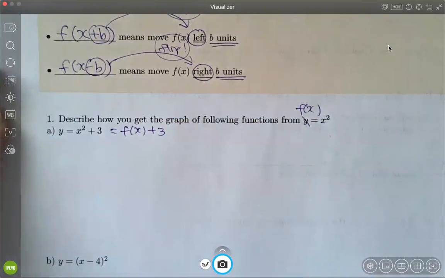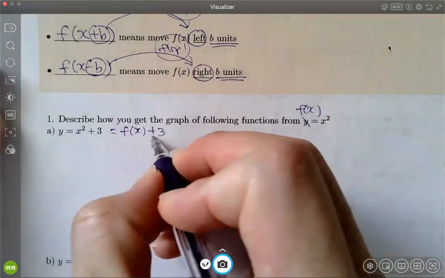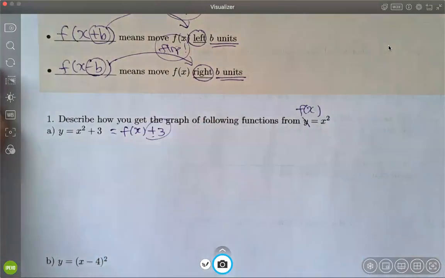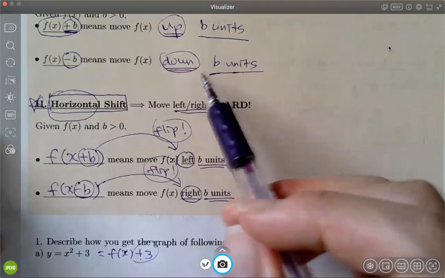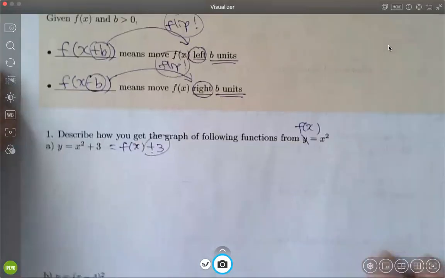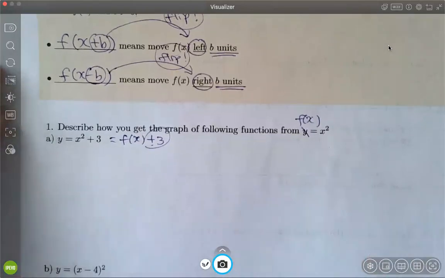Okay, so now we are adding something, and where are we adding? Not within the parentheses, right? In the back, rather. Okay, so whenever we add something in the back, what does that mean? It's the vertical motion, right? Okay, and now since the vertical motion means it's the easy one, so what does that mean? We can just follow our intuition, right? So when we add something, that means we have to go what? Up, right?